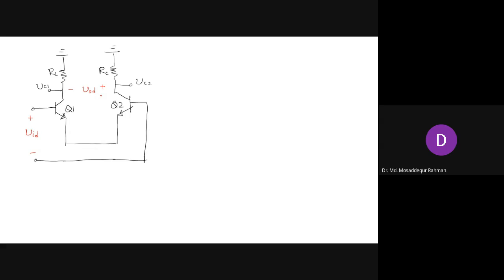So with the DC current and voltage sources removed, the circuit will look like this.